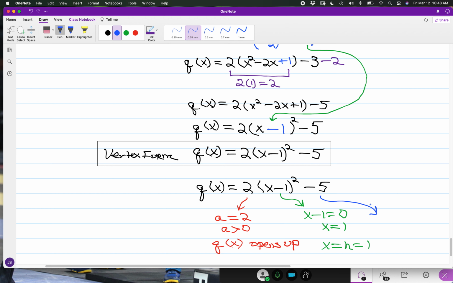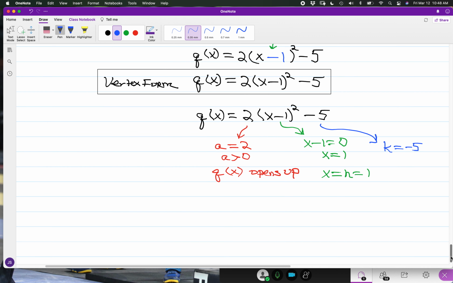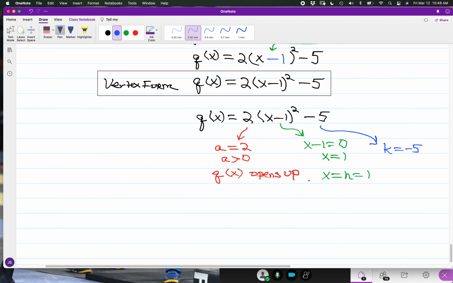And again, with the k value, we have that the k value is equal to negative 5. And so for the case here, the vertex h, k we have located at 1, negative 5.